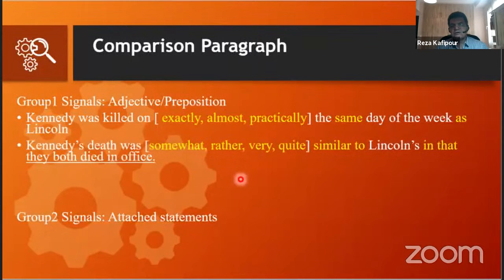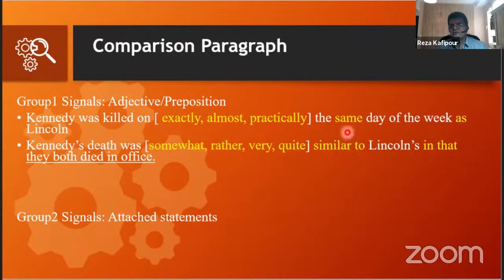The other structure that's somehow similar to the same one, using adjective and preposition, is this one. Again, you may use a degree of comparison, somewhat, rather, very, quite, or any other word that refers to a degree of comparison, then using similar as adjective and to as preposition.